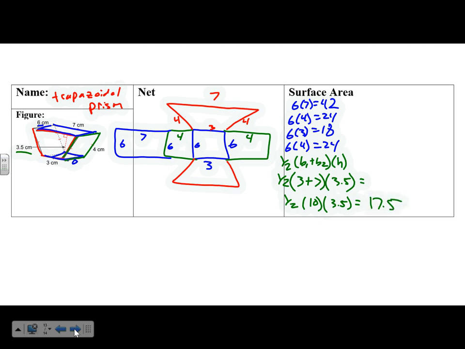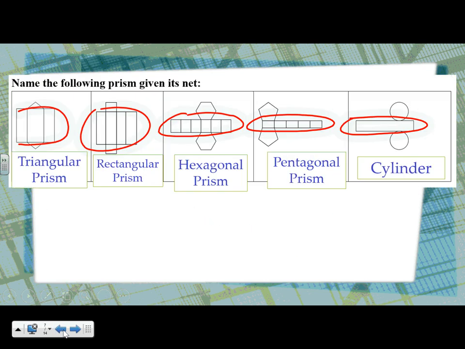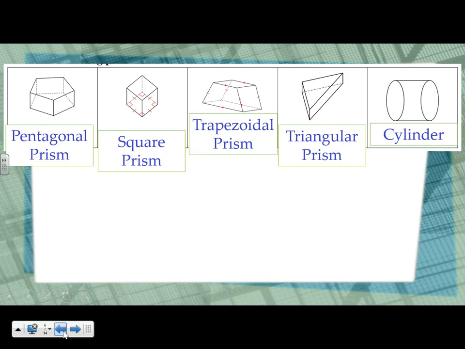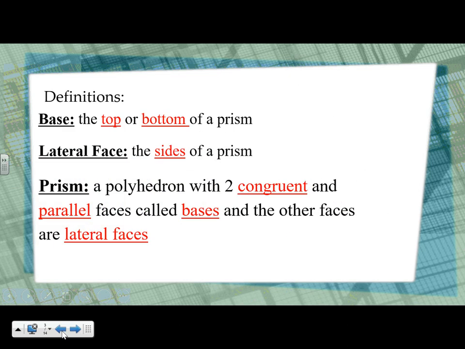Now here's the thing. We talked about this at the very beginning when we talked about the definition of a prism. Sorry, let me see if I can find it. It's going to take too long. The prism has 2 congruent and parallel bases.